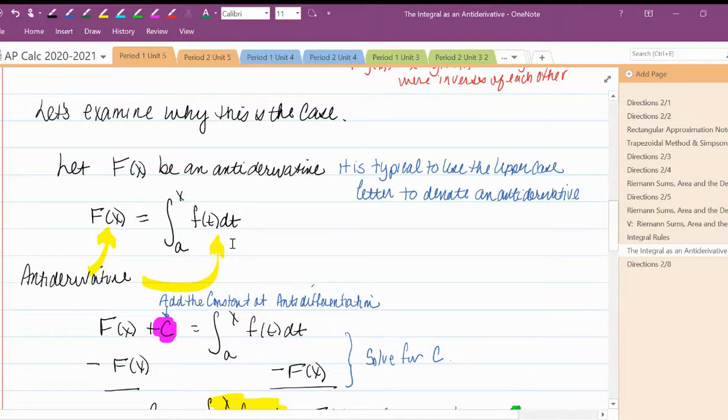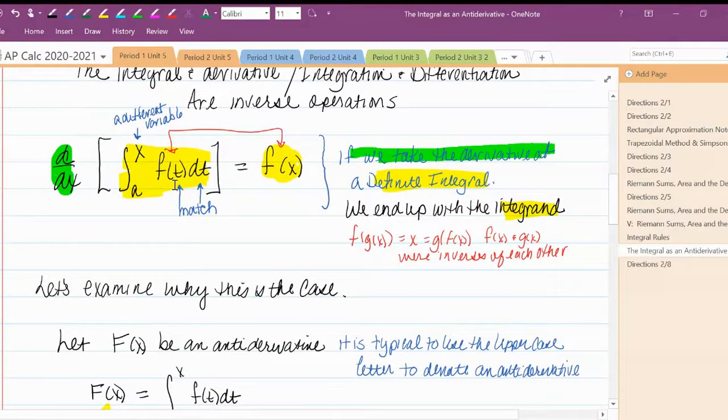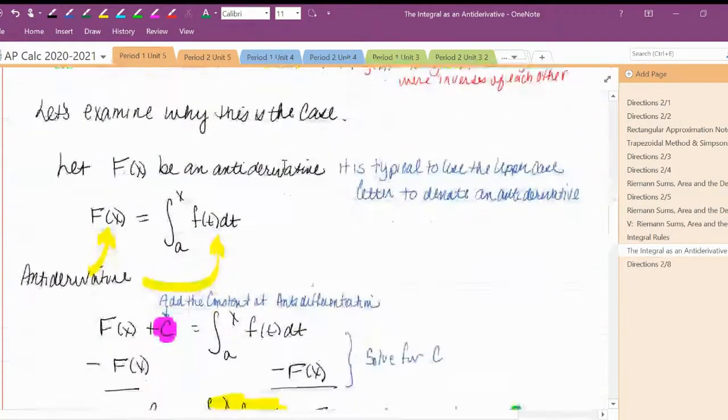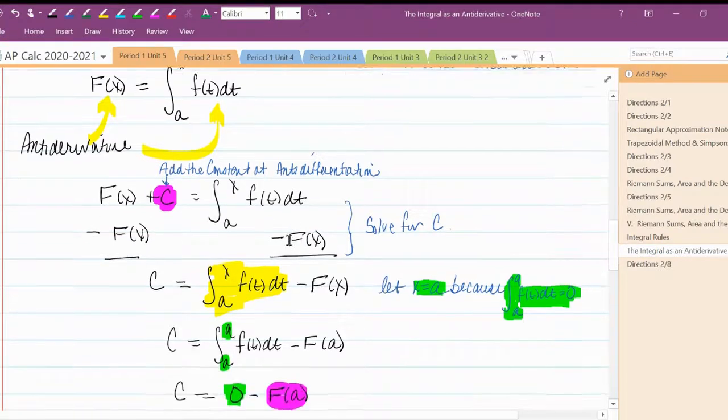And I'm going to make the argument that this definite integral is also an antiderivative. And that makes sense because if we differentiate an antiderivative, we should be back at our integrand.